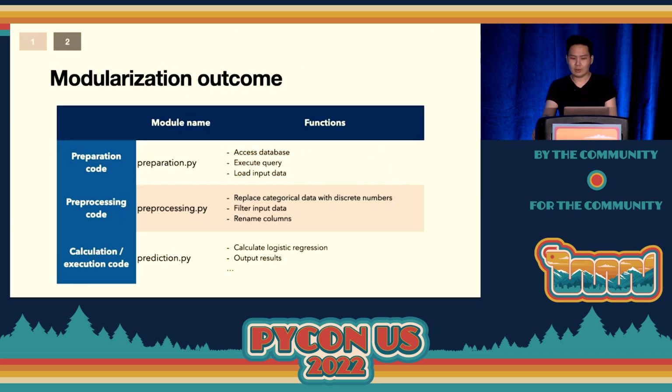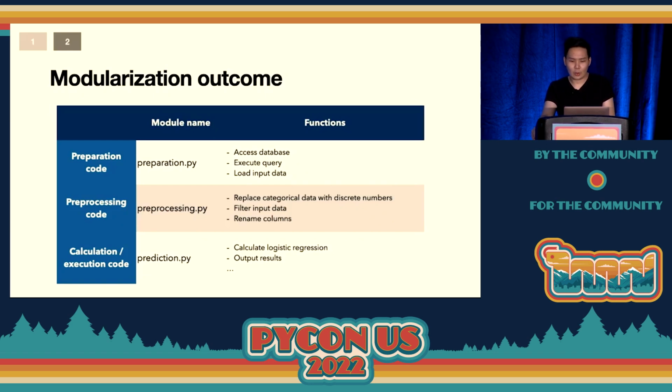Then we can get a modularization outcome like the table. We could get modules from one page of research-oriented code. We could get preparation.py, which has functions to access the database, execute queries, and load input data.